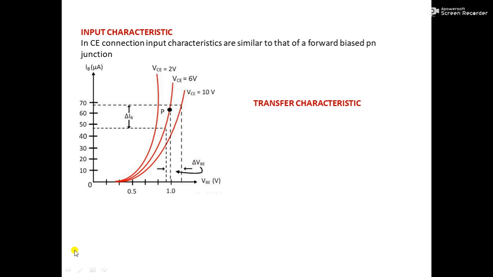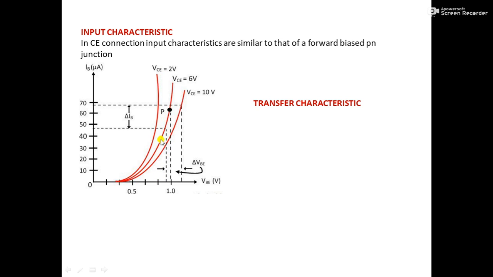Let us see from the graph that as we increase the value of VCE, let us take a point at VCE equal to 1 volt, and a smaller value of VBE, say 0.1 or less.